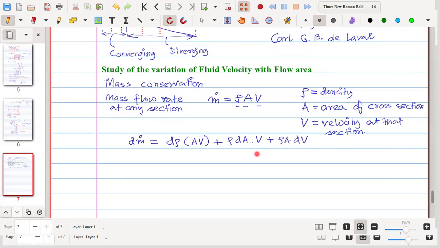What I am doing? For a differentiation of a product, the rule is that one quantity will be unchanged and the other quantity will undergo the differentiation. So that is simple, the differentiation of product that I have done.